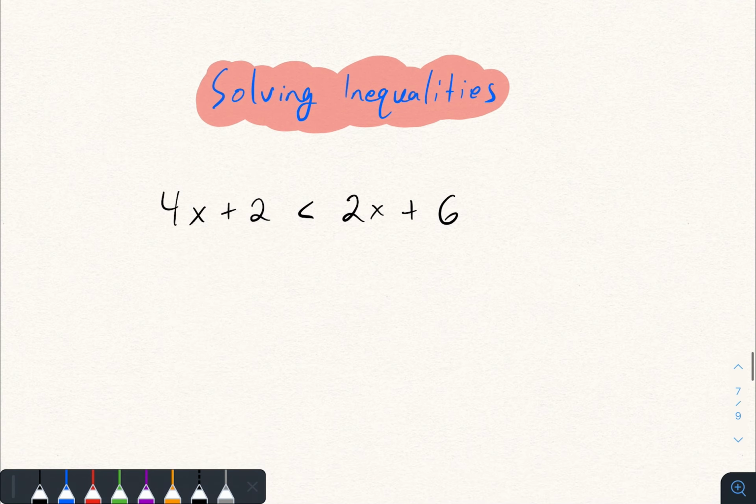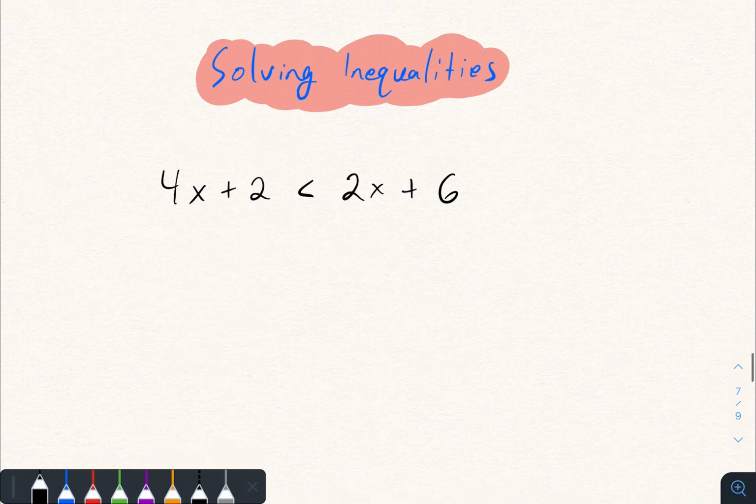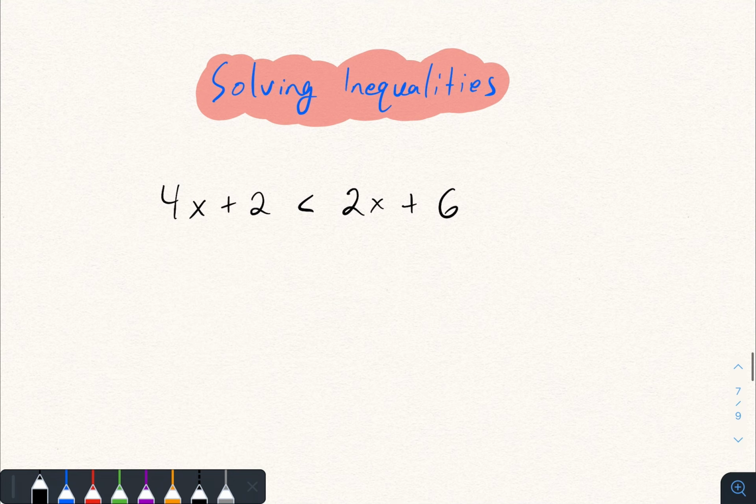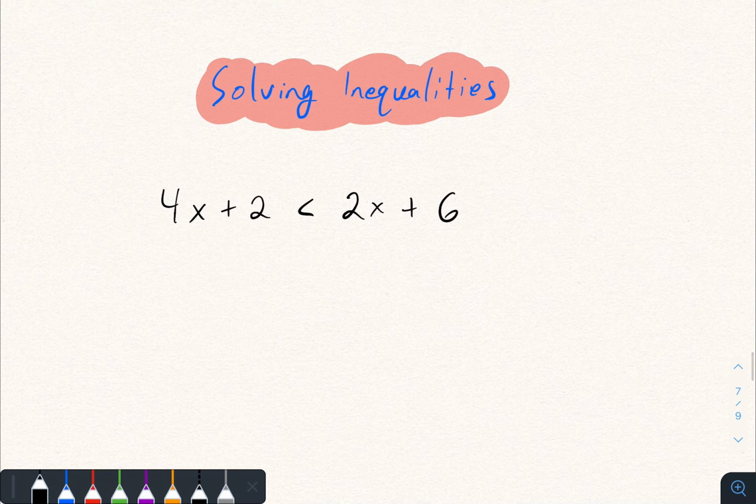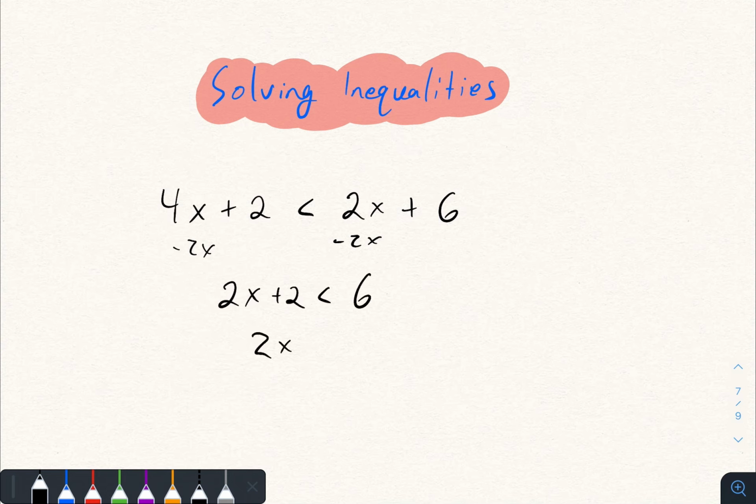All right, let's talk next about solving inequalities. So here I have 4x plus 2 is less than 2x plus 6. Solving inequalities is almost exactly the same as how you would solve regular equalities. You bring all the x's to one side, so I'll subtract 2x on both sides. I'm left with 2x plus 2 is less than 6. Then subtract 2 on both sides.